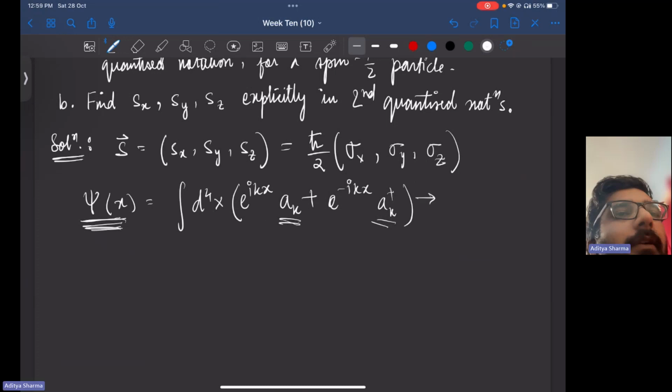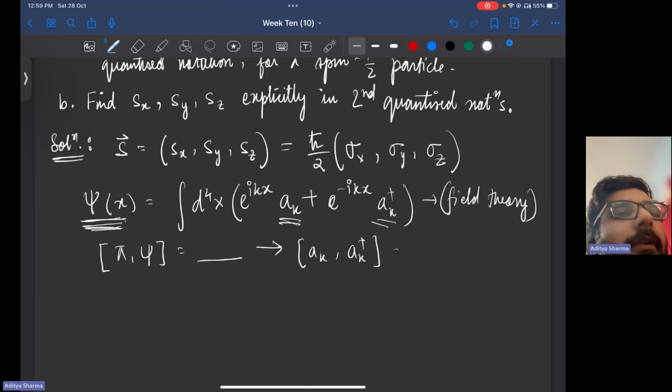So you're going to have commutation relations between momenta and the fields, for example. Using this information, we're going to find something about a_k and a_k daggers. This is the idea in the way it works.